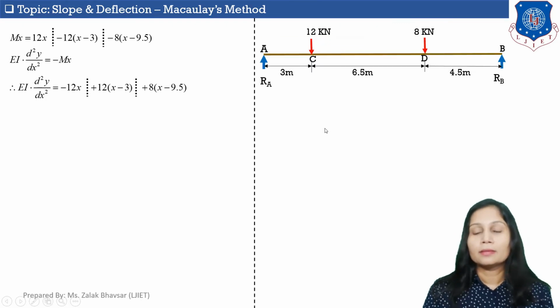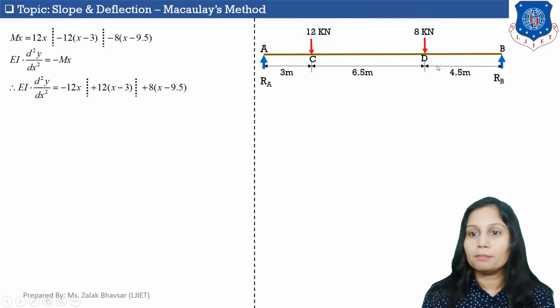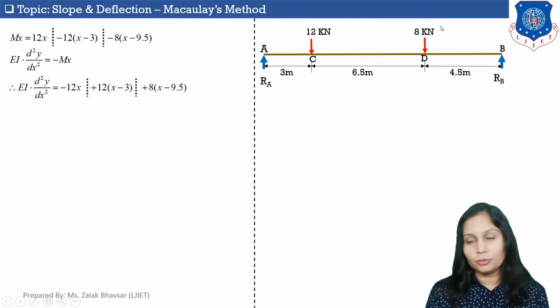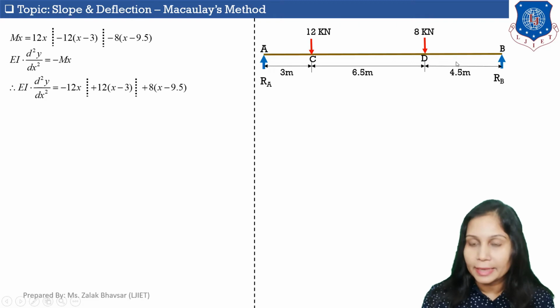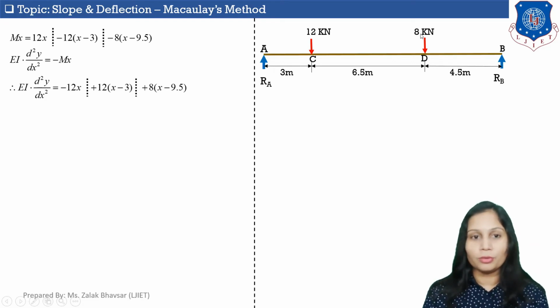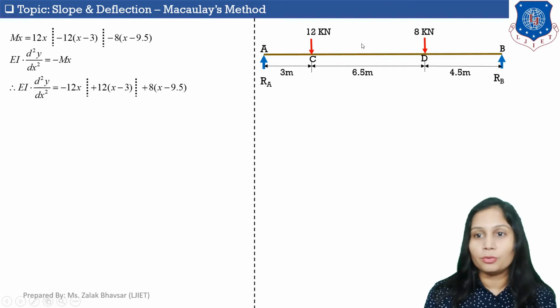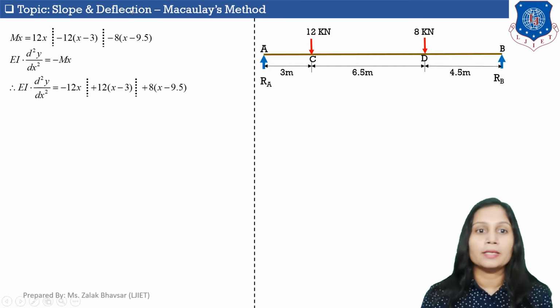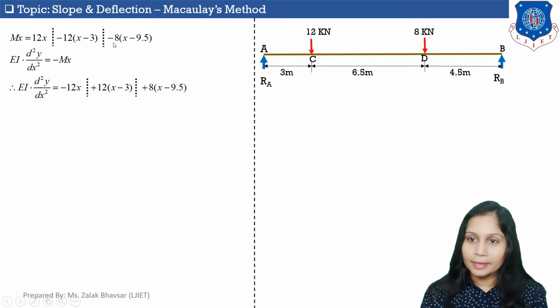Similarly, if I take a section in part DB and take the moment of this 8 kilonewton load about that section line, the moment will be 8 times (x - 9.5), which is anti-clockwise, so I will take a negative sign.